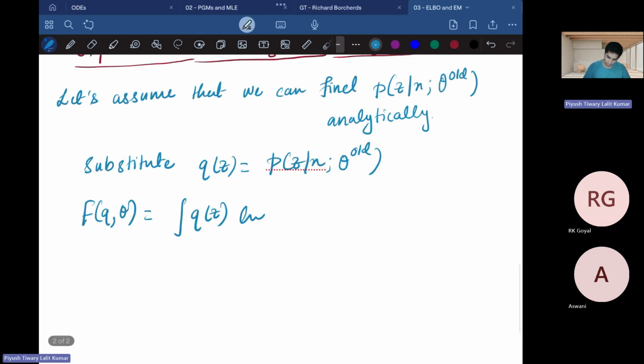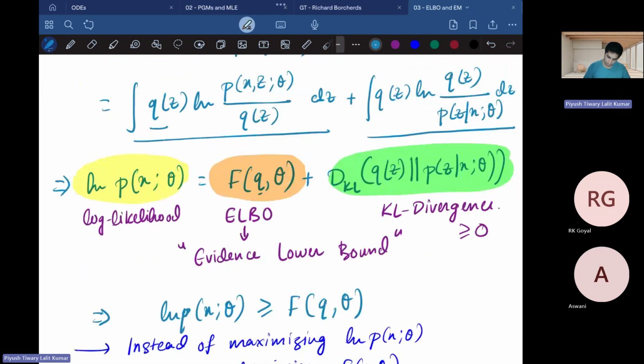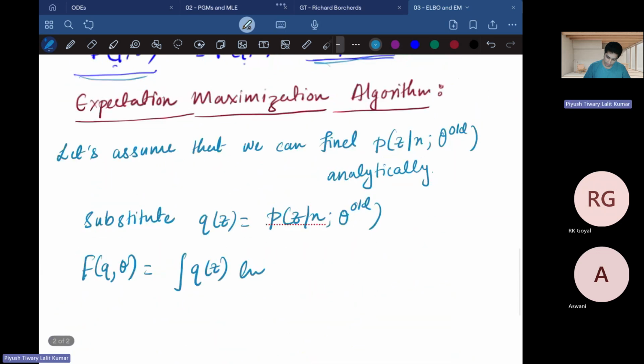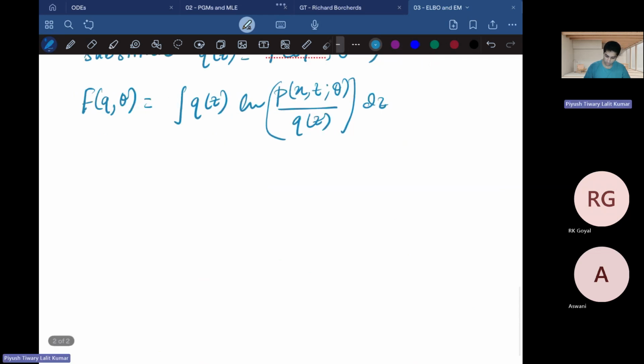This is the integral of Q of Z log of P of X comma Z theta upon Q of Z, dz. This is what our ELBO was.